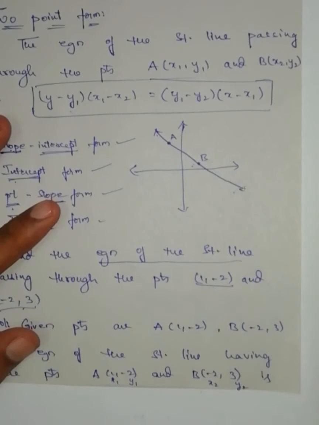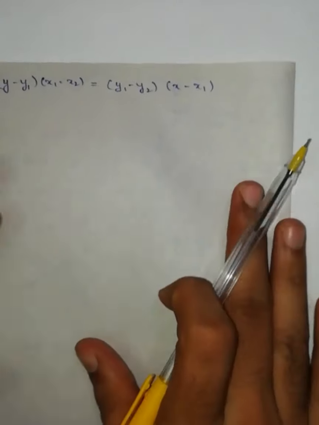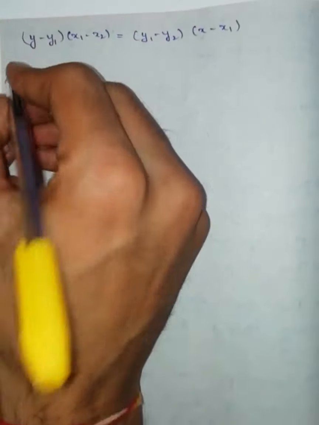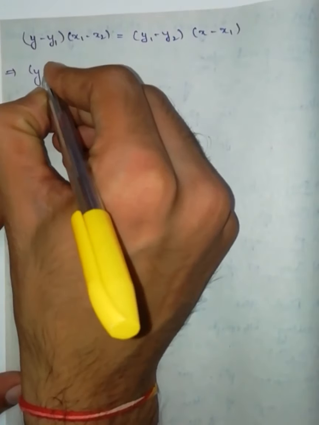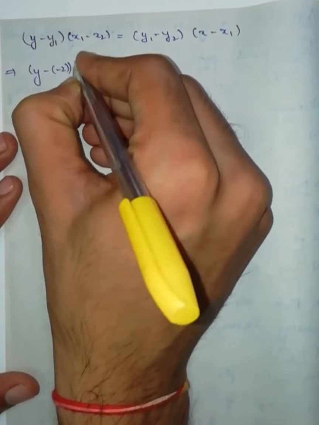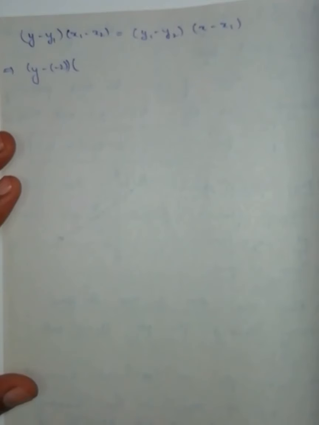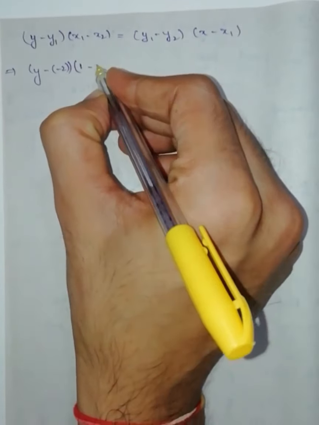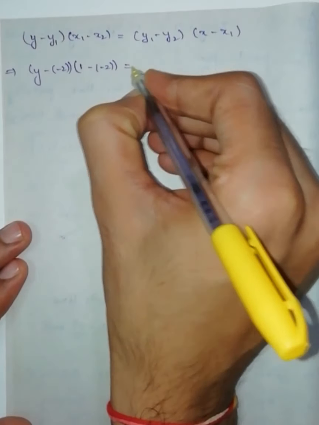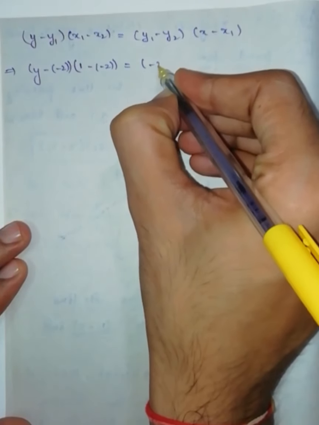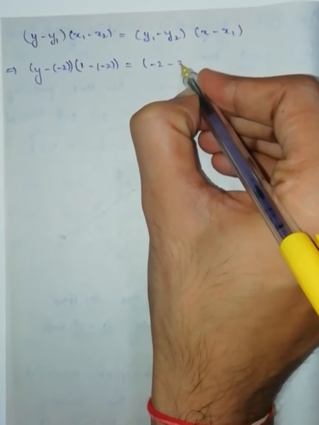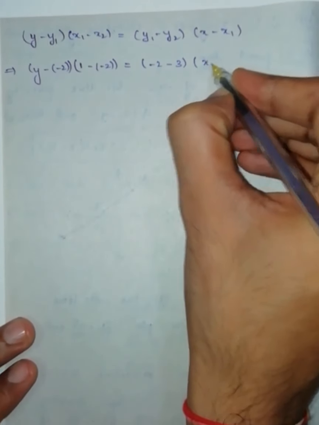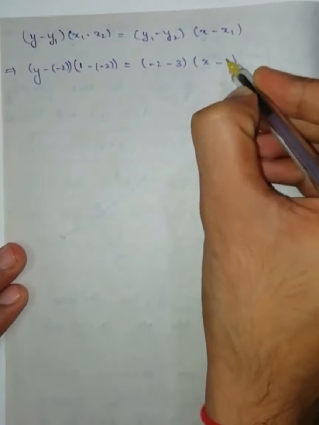Now substitute. This implies y minus of minus 2 into x1 minus x2, x1 is 1 minus x2 is again minus 2, y1 is minus 2 minus y2 is 3 into x minus x1 is 1.